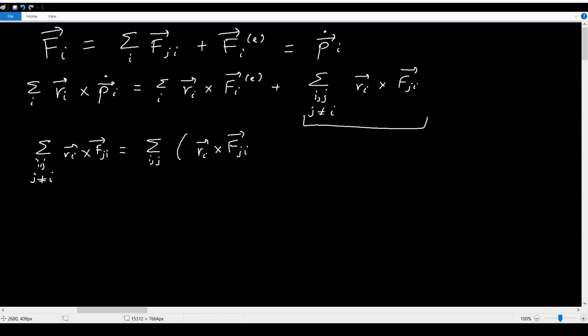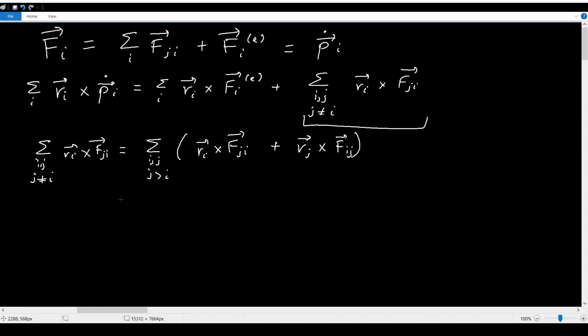The corresponding quantity in which, instead of the force of the jth particle on the ith, we also have the force of the ith particle on j, and we have the moment of that force, but of course it has to be with respect to the position of the jth particle, and we of course have this quantity here as well in the sum. But to not do double counting, we put in this constraint.